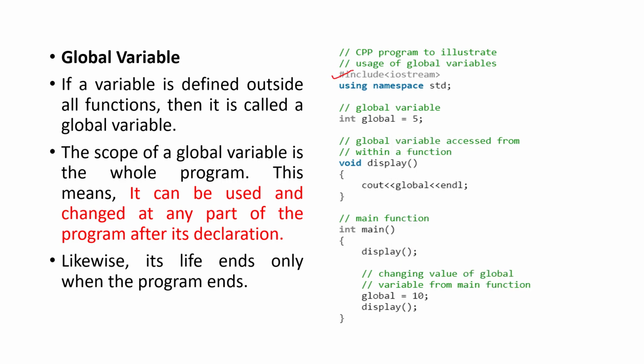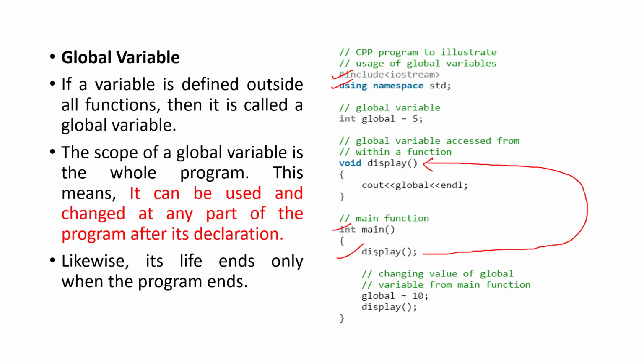After executing these lines, we have display in int main. From here, the control will jump to display, changing the value of the global variable from the main function.